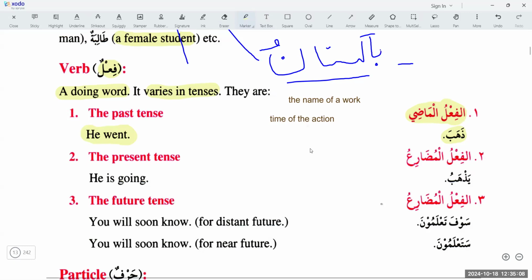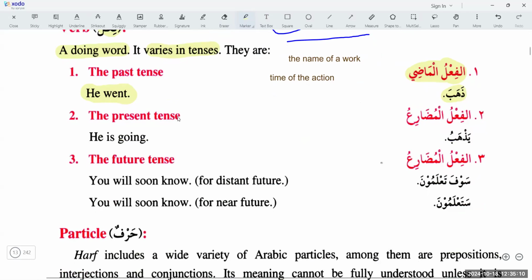And the present tense, we call it al-fi'lul mudari'u. Yazhabu is changing with the time. With the tenses, zahaba is changing its form.